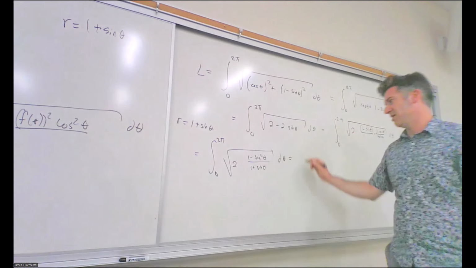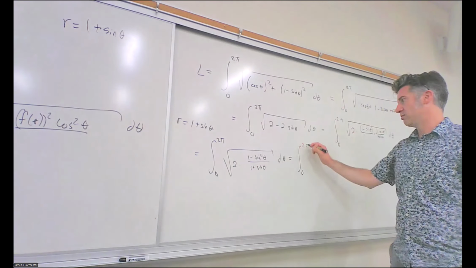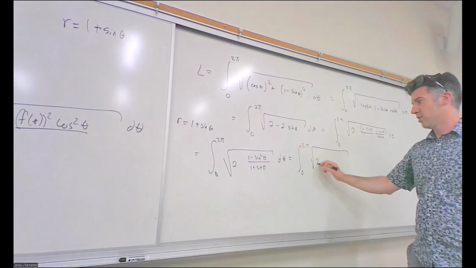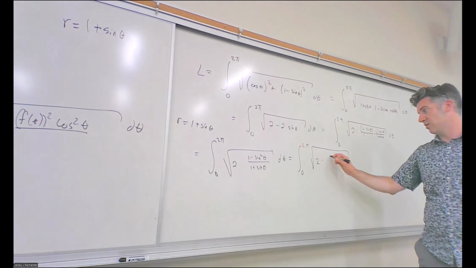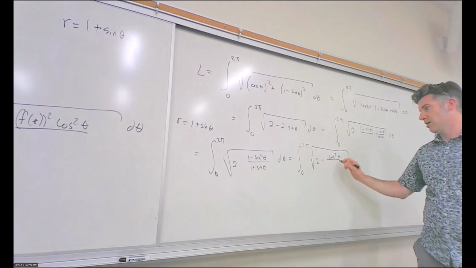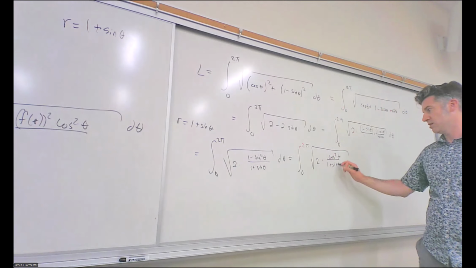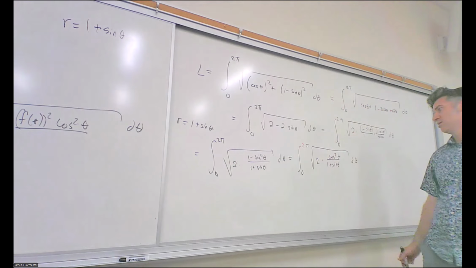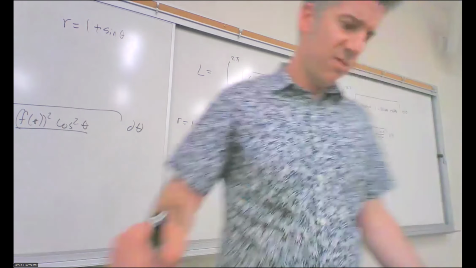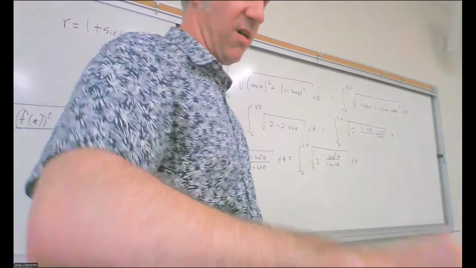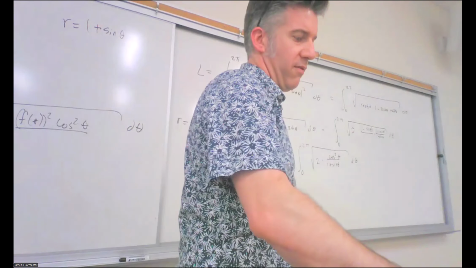And then, yeah, this is a brutal problem. 1 minus sine squared, excuse me, is cosine squared. And 1 plus sine is still what it is. Yeah, this is an awful problem. I'm not a fan.